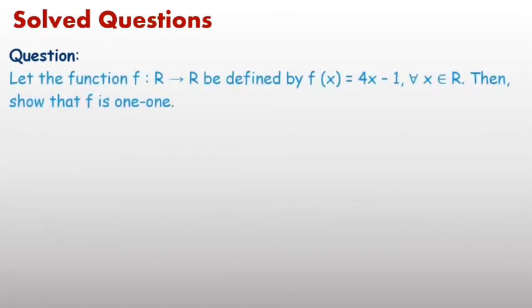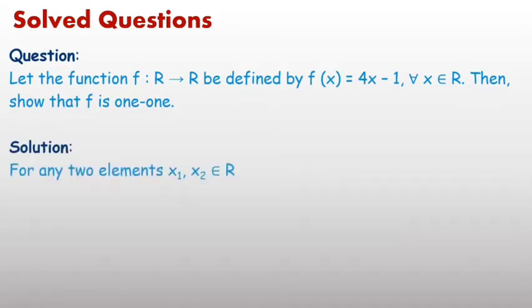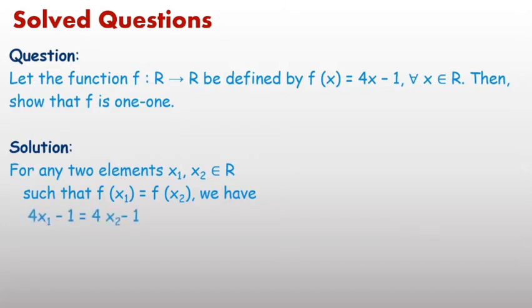Now some questions. First, if f(x) is given as 4x minus 1 for each x belongs to R, you have to show it is a one-one function. The method to solve the question is, first you take two elements belonging to R, meaning from the domain of the function, x1, x2, such that f(x1) equal to f(x2). f(x) equal to 4x minus 1 means f(x1) equal to 4x1 minus 1 and f(x2) equal to 4x2 minus 1.